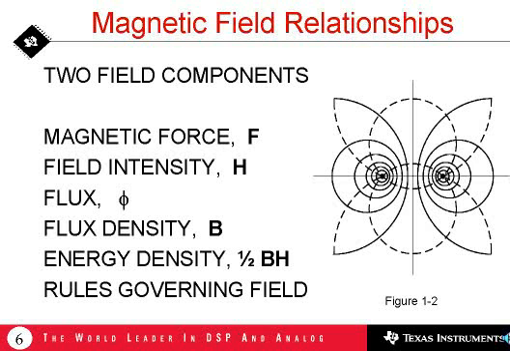You will notice that close to the conductors and in the region between the 2 conductors, the field intensity and the flux density are both relatively high. Whereas, as we move away from the 2 conductors, the field intensity and flux density drop off rather rapidly.